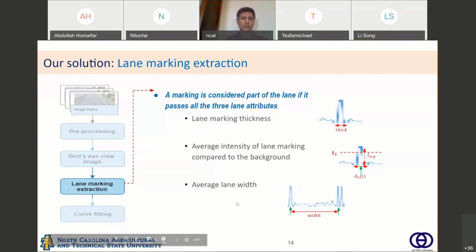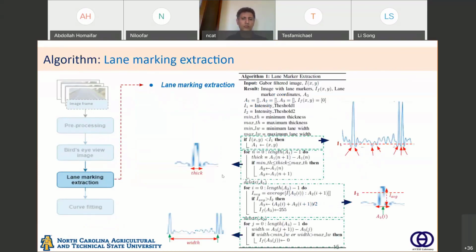So we consider these three important parameters to find out which pixels belong to a lane boundary and which ones are not a part of the lane boundary. So this is the algorithm that we developed. Basically, at the first stage, we collect those pixels which are considered to have very low intensity, shown by these arrows.